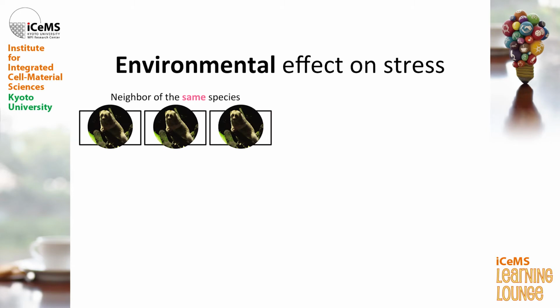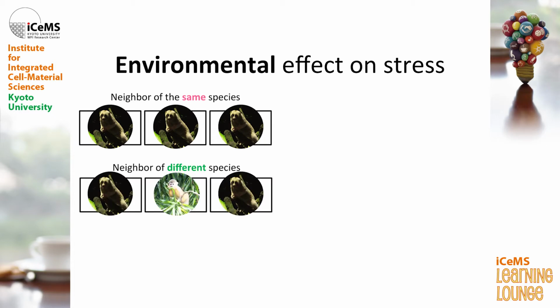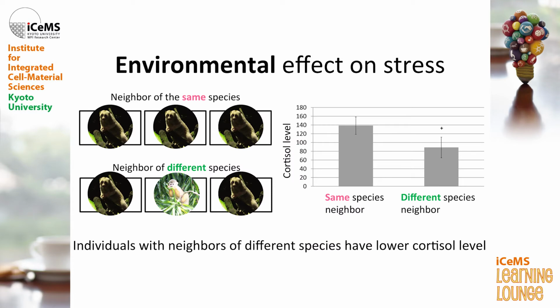Some lorises are arranged in this way so that all of them will have a neighbor of the same species. But some lorises are arranged in this way so that they have a neighbor of different species in between. And what I found is that lorises with a neighbor of different species in between actually have lower cortisol levels. And why is that?